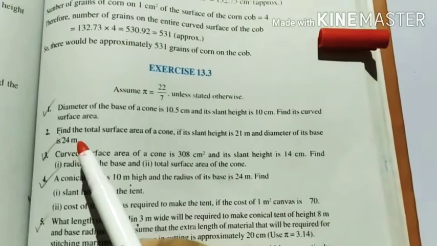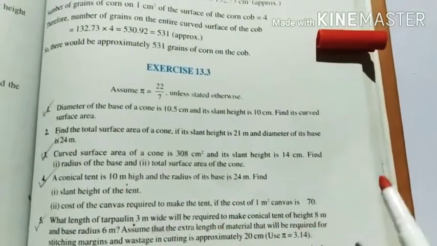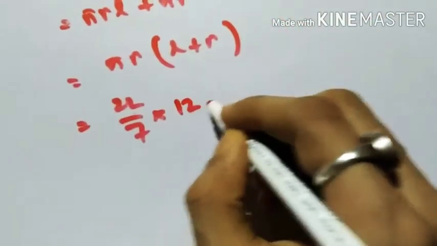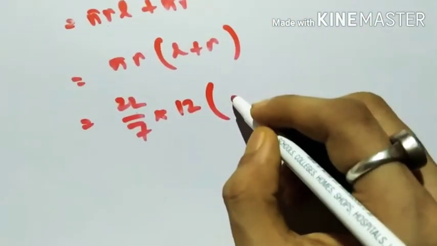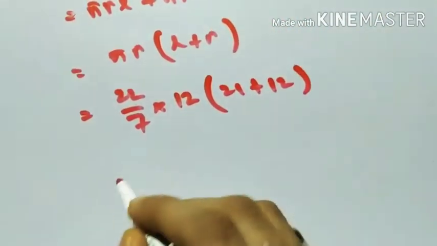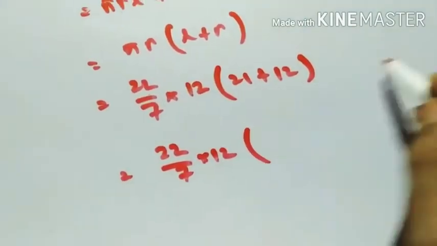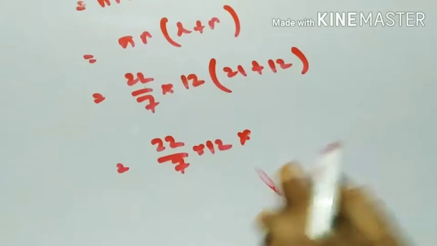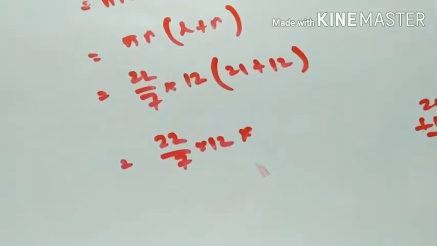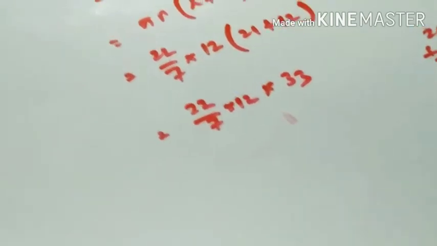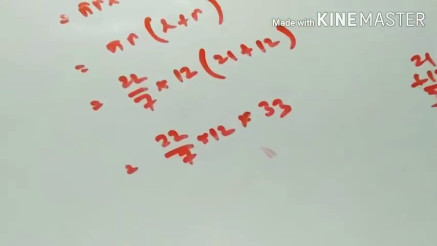Here the base diameter is given as 24 meters, so the radius will be 12 meter. Slant height is given as 21 meter, plus 12. So 22 by 7 into 12 into 21 plus 12, I will get 33. So 22 into 12 into 33.